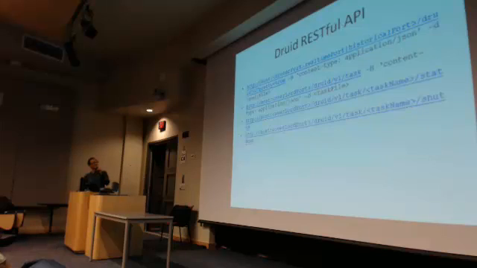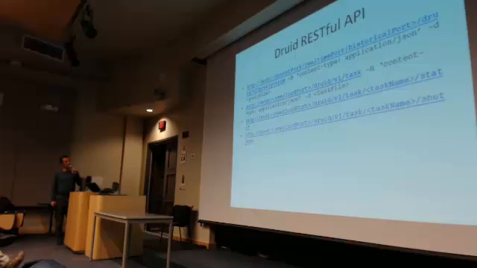So here are a few more items in the RESTful API. The first one out there is basically an ability to just query Druid. So you see for the port number, I've got either broker, real-time, or historical port. What that means is basically any query that you can make to Druid, you can make to any of those.